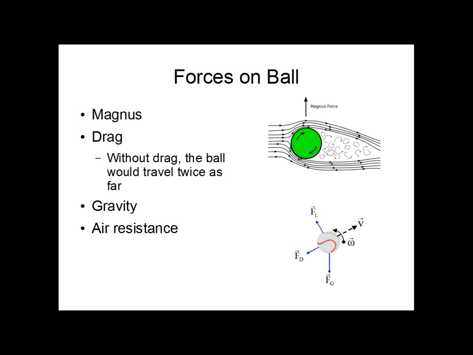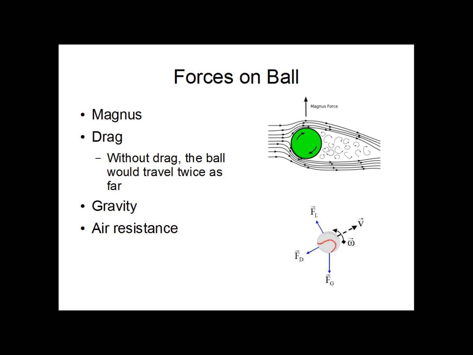Forces on the ball also alter how the ball moves in the air after it leaves the pitcher's hand. There's the Magnus force, which is the force of spin on the ball, mostly due to the airflow past the ball. When it has backspin, it'll have an upward Magnus force.